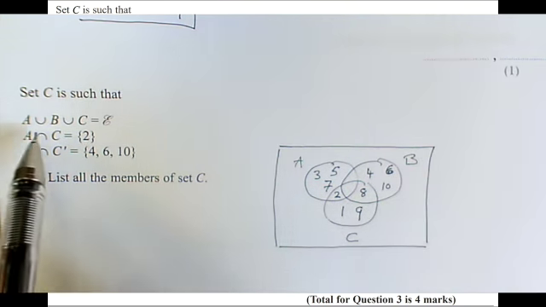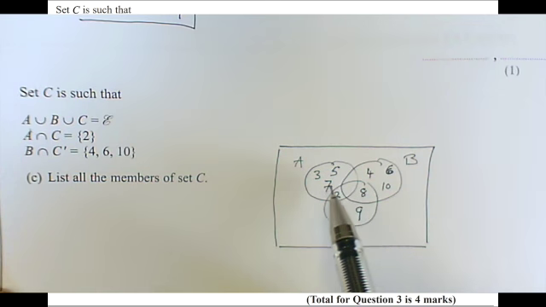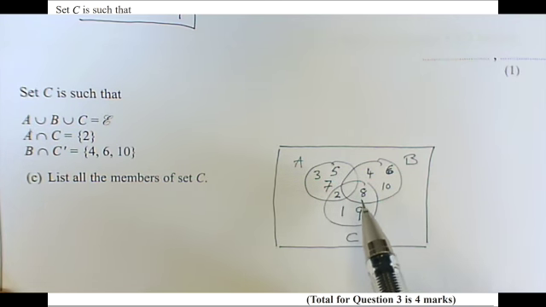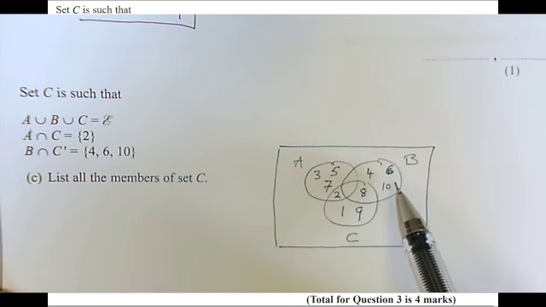So now I've got all 10 numbers in my A, B and C, and I think I've obeyed all the 3 rules. That dash means not, so B and not in C has to be 4, 6, 10, which is what we've got. Just checking, I've got 1, 2, 3, 4, 5, 6, 7, 8, 9, 10. I have, so therefore I think I'm done.